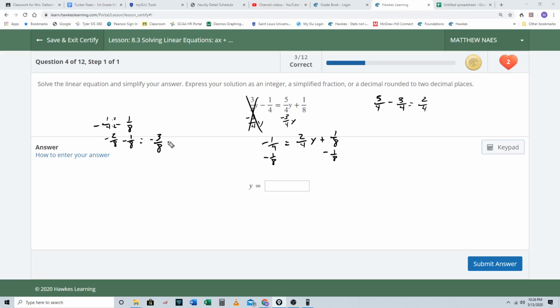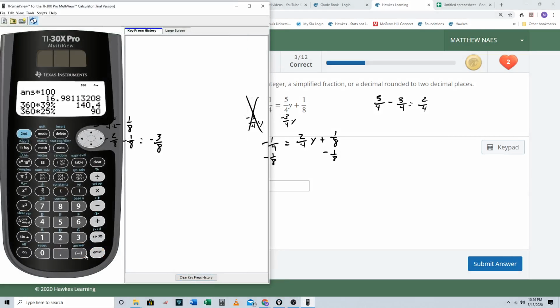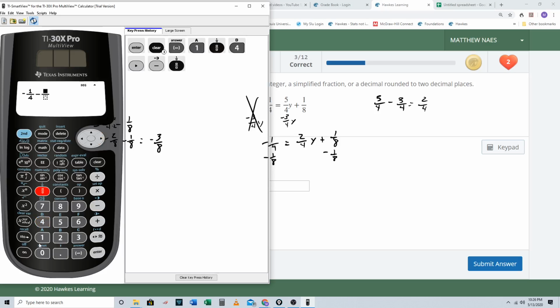So feel free to do all that work with fractions. Or you can just type in your calculator: negative 1 over 4 minus 1 over 8. Enter, and it gives you negative 3/8.